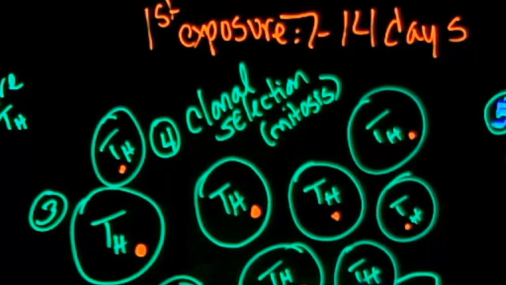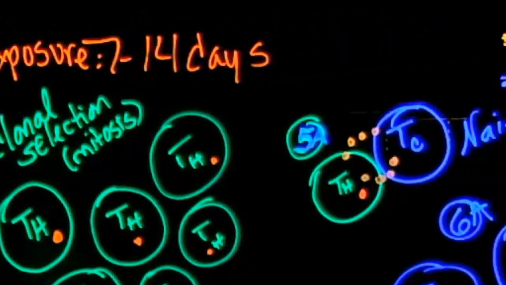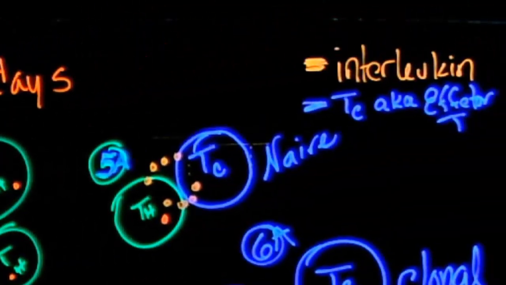So we're going to move over here from 4 in clonal selection. We're going to take a peek at what a T helper cell with knowledge of the red ball antigen can do. We're going to start over here with 5A. 5A shows a T helper cell bumping up against and communicating with a naive cytotoxic T cell. Now, cytotoxic T cells do like to get their hands dirty.